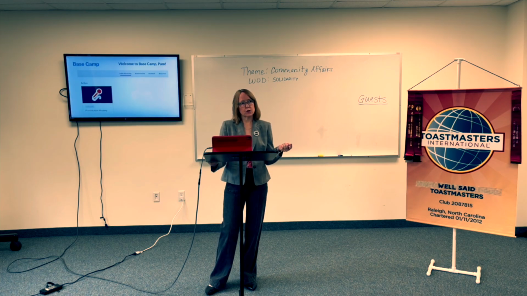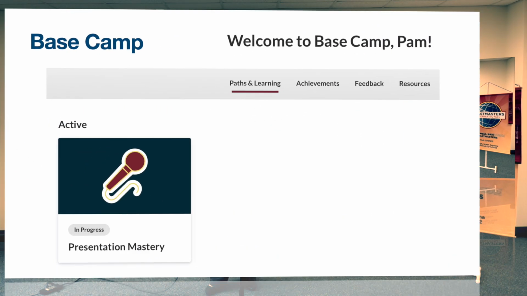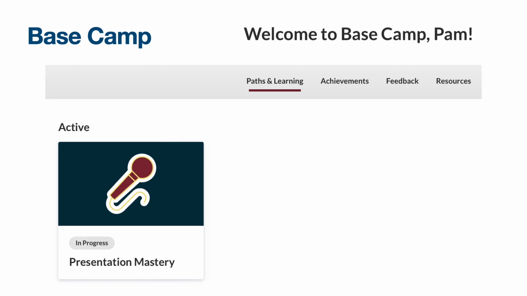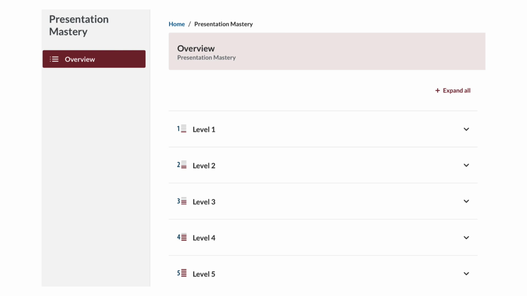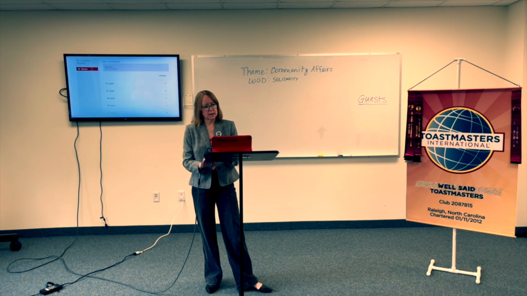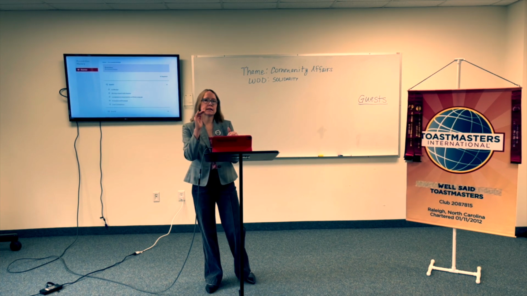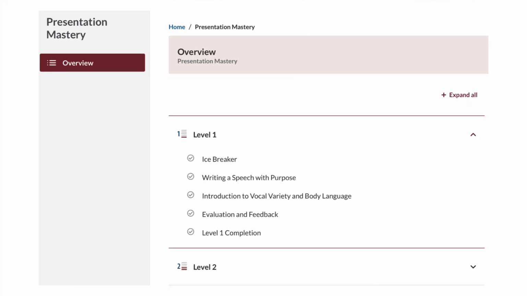Once you have chosen your pathway, then you're going to come back into Basecamp and you're going to click on your active pathway. This shows you an overview of all the 5 levels that you have, and you can expand them by clicking on the little down arrow so that you can see the details of all of the different levels so that you can plan ahead if you choose.